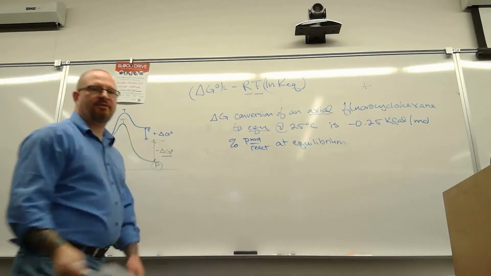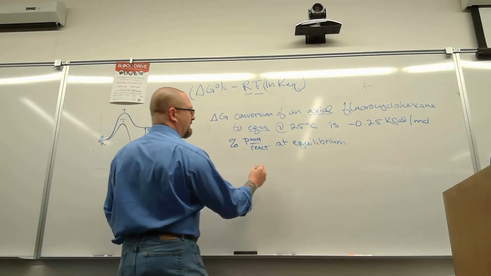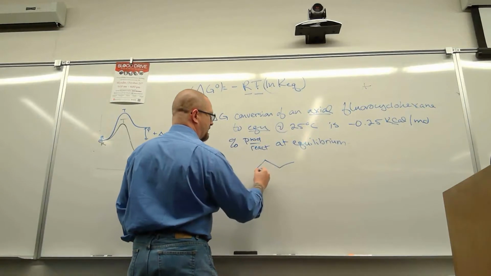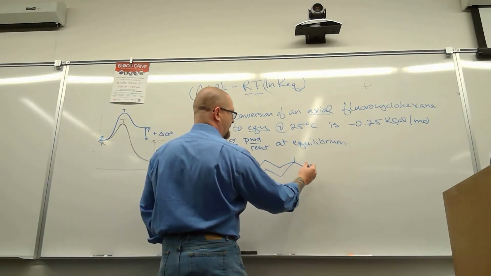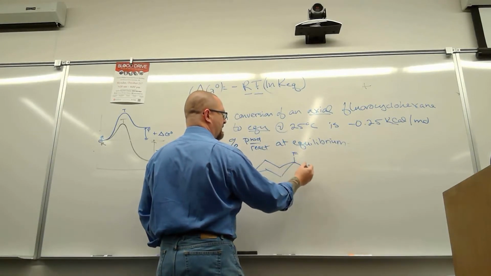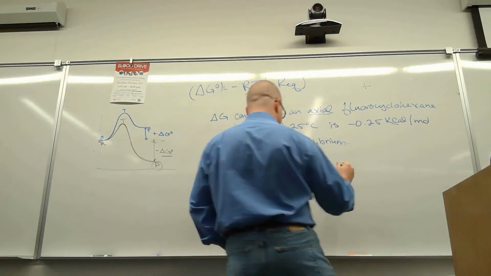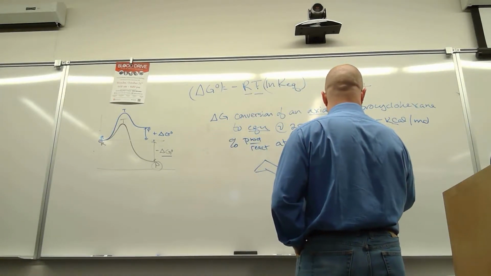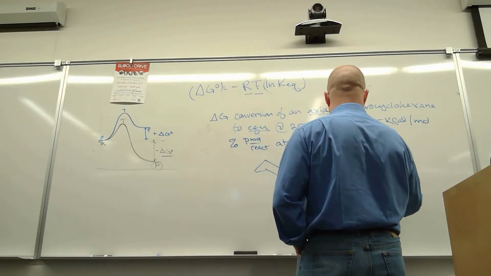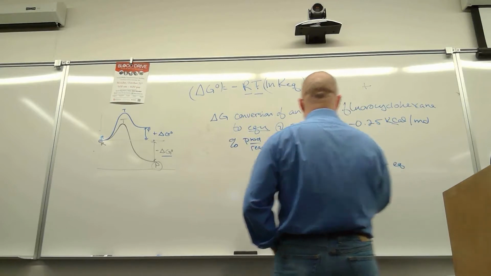So we had this discussion where we've got this fluorocyclohexane, and it can be either in the axial position or it can ring flip. It stays on top, but now it's in the equatorial position.